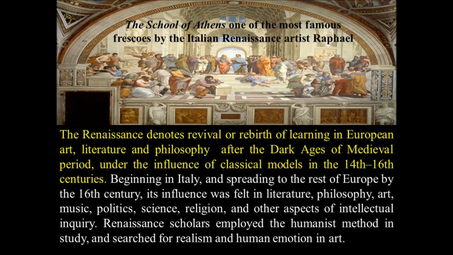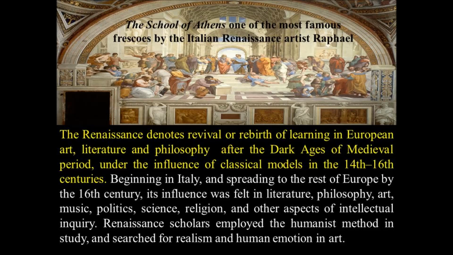This early modern English period is also very important for the Renaissance. The word Renaissance is Italian in origin, and it denotes the revival or rebirth of learning in European art, literature and philosophy after the dark ages of the medieval period, under the influence of classical models in the 14th and 16th centuries.